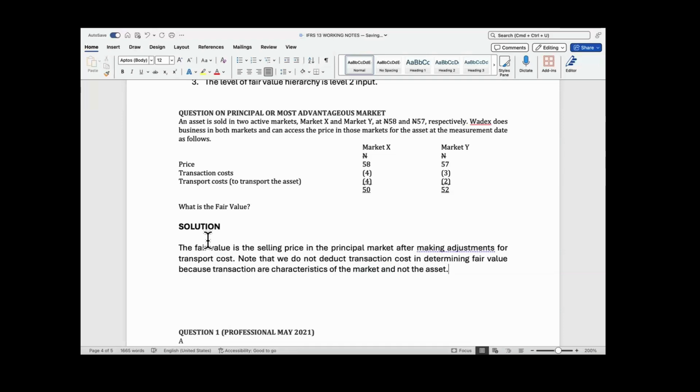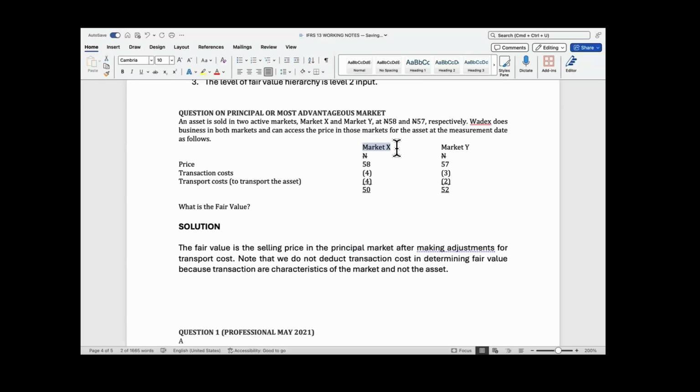Now, I said fair value is the selling price in the principal market after making adjustments for transport costs. So if I want to rely on this first sentence, let's assume that market X is the principal market.